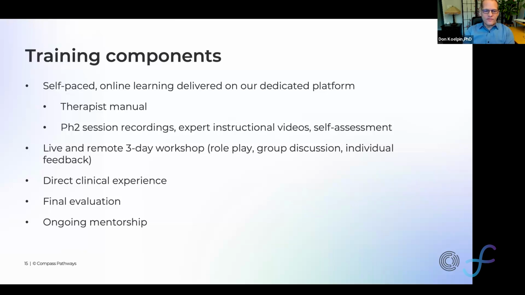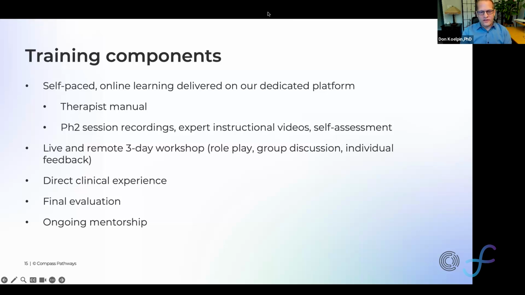And a live 3-day workshop that's full of role plays, experientials, group discussions, and opportunities for individual feedback. We'll do breakout rooms with role plays, and the trainers will be part of those breakout rooms, sometimes providing really direct and customized feedback in real time on how the therapists are learning to deliver the model.